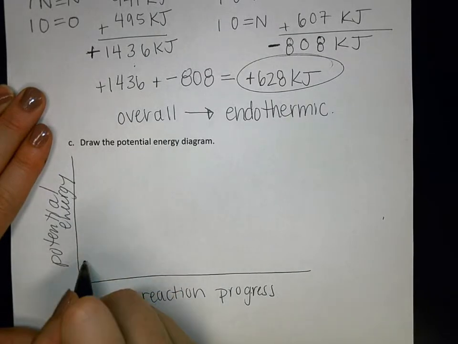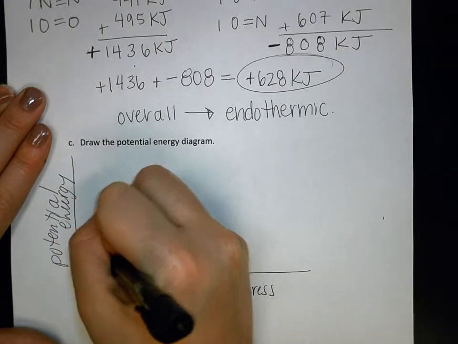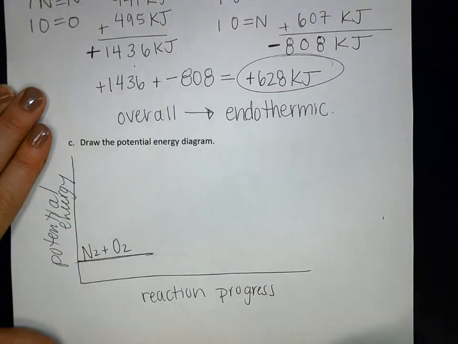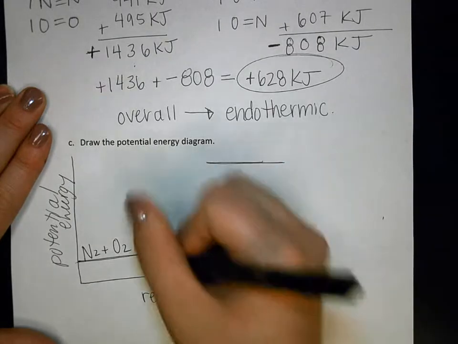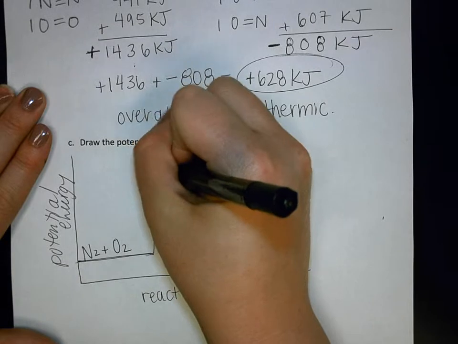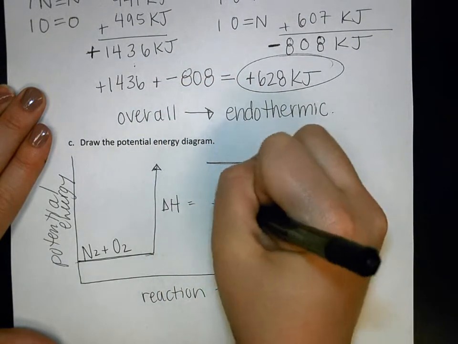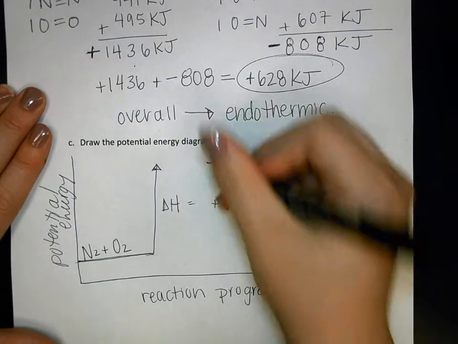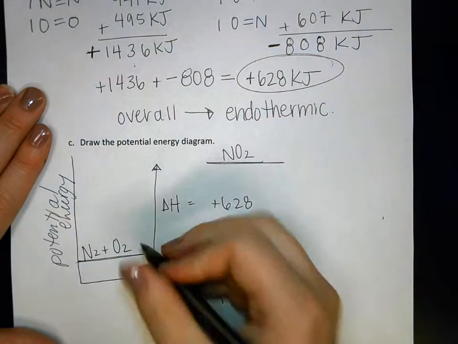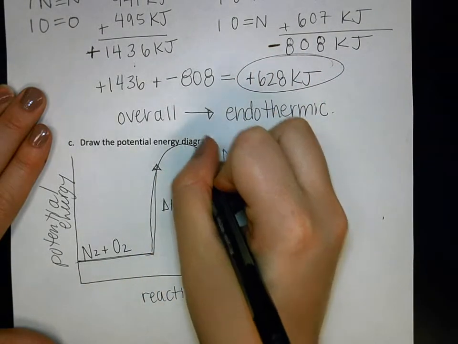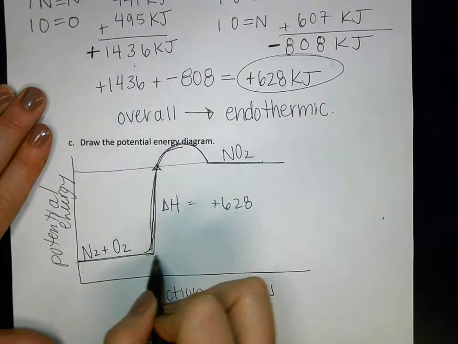So that means that my reactants must start down here, so nitrogen and oxygen. And in order for this to work, I'm going to have to absorb energy. So this is my delta H. And these are my products, so NO2. So then you just connect these lines with the big hump like that. And the difference between them is my delta H.